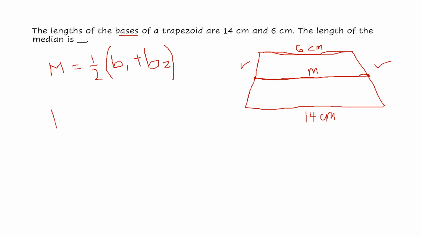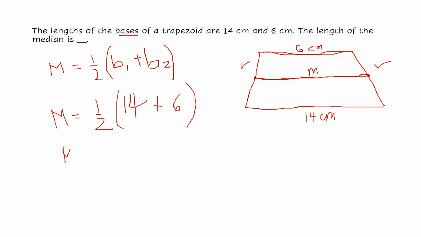So the median of this trapezoid, by substituting base 1 with 14, for the meantime without the unit, plus 6, the two bases.